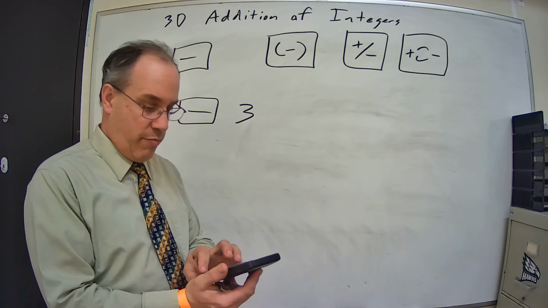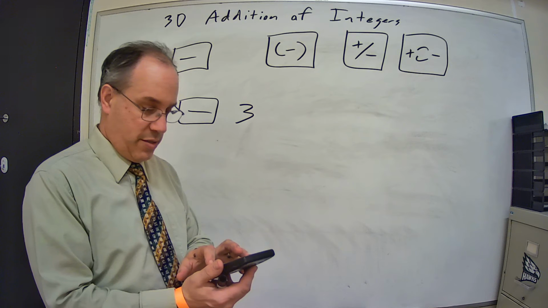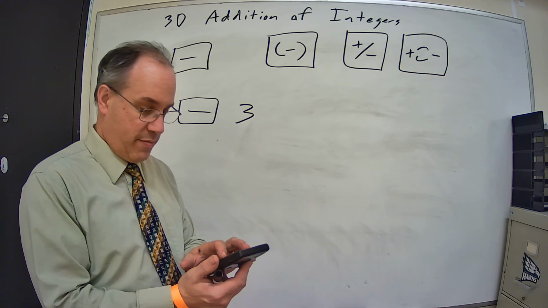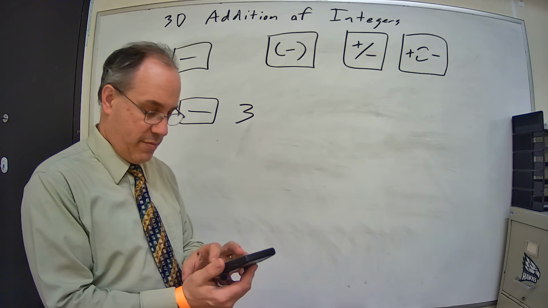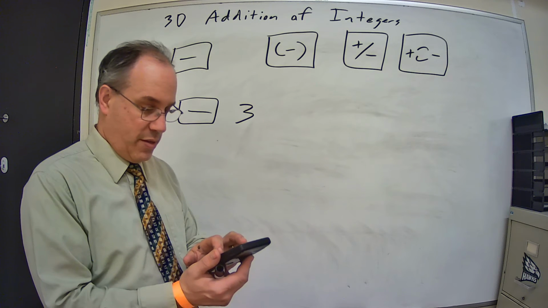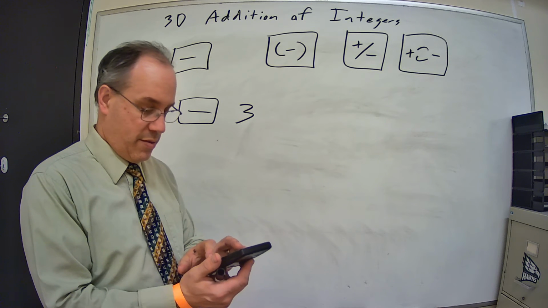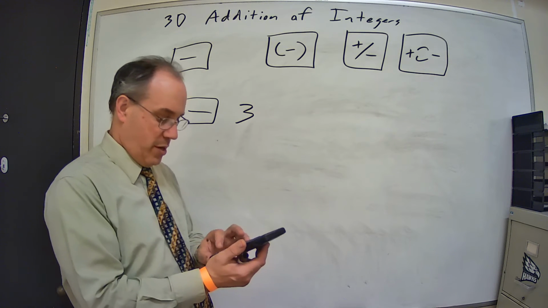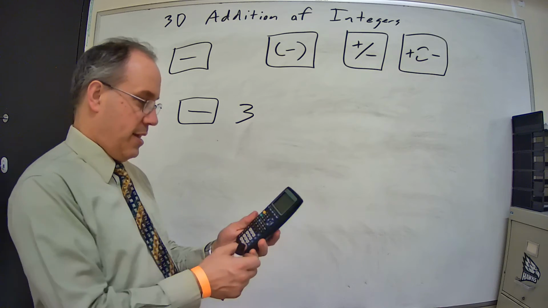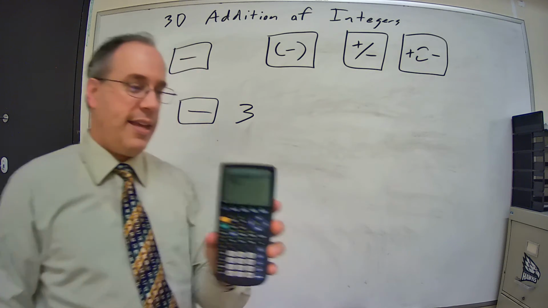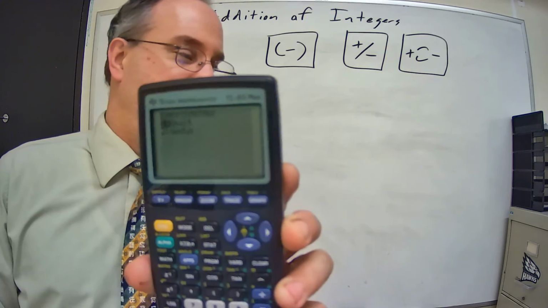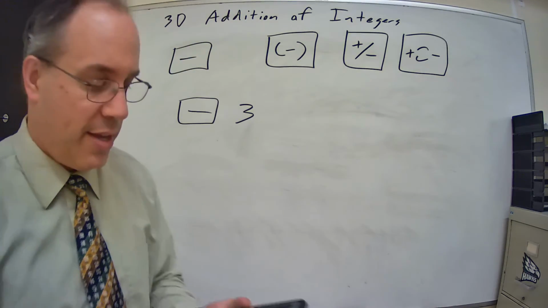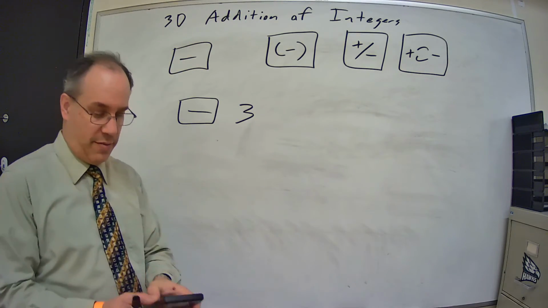So if I go minus 3 and hit enter, I get syntax error. Try and get it where you can see that, but syntax error. So there's a problem. It doesn't like that.